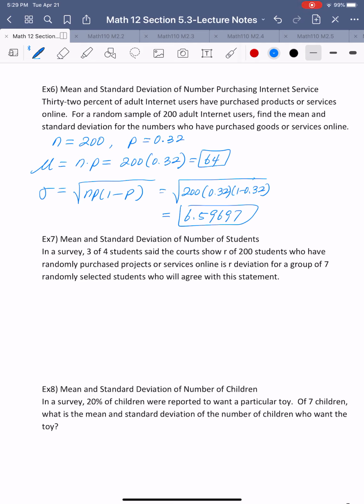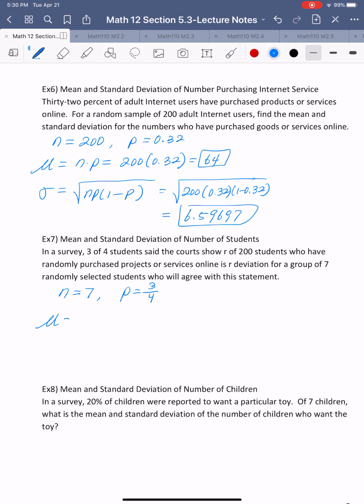So in here, we're looking for, n is going to be a group of 7 students, right? And then the probability, 3 out of 4, is p this time.